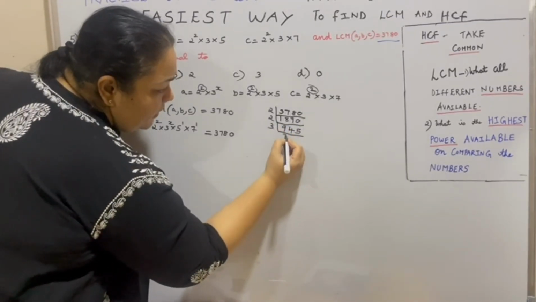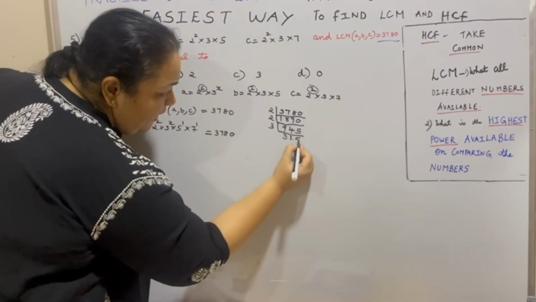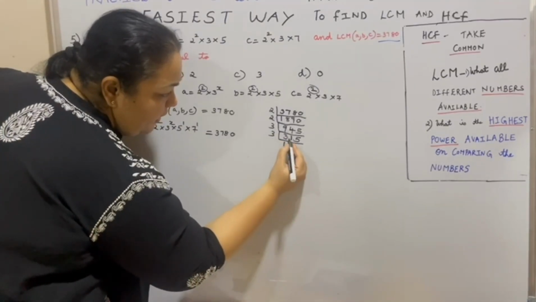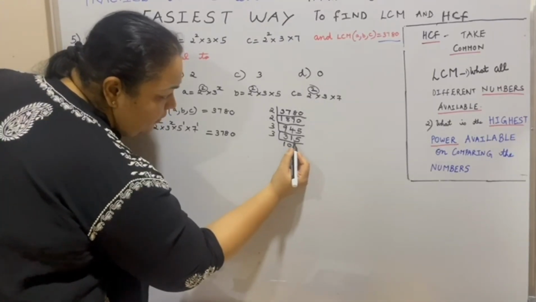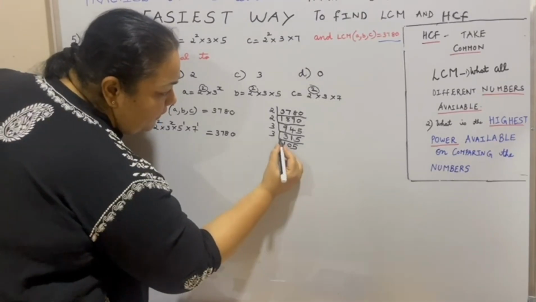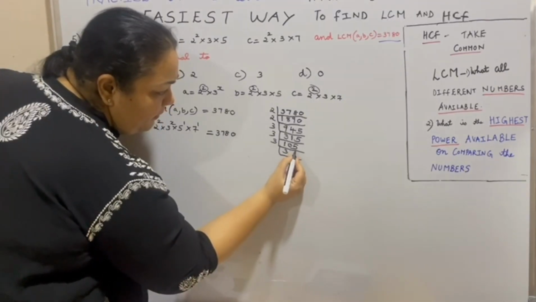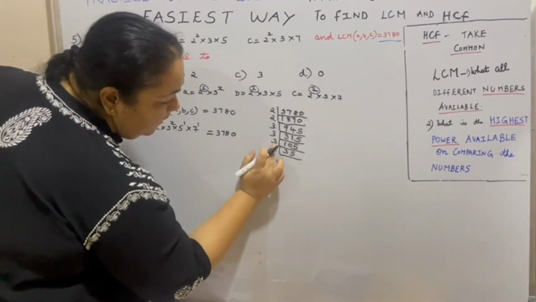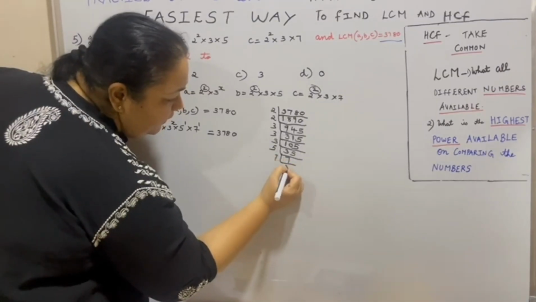Again in 3, 3 3s are 9, 3 1s are 3, remainder 1, 3 5s are 15. Again by 3, 3 1s are 3, 3 5s are 15, then 3 3s are 9, remainder 1, 3 5s are 15. Then next it will go by 5. 5 7s are 35 and 7 into 1.